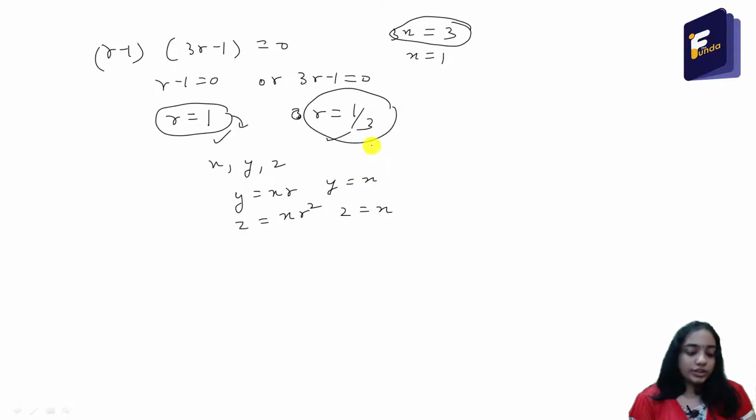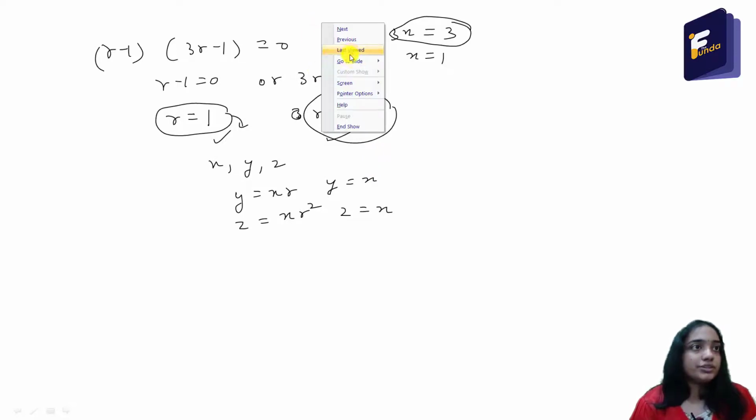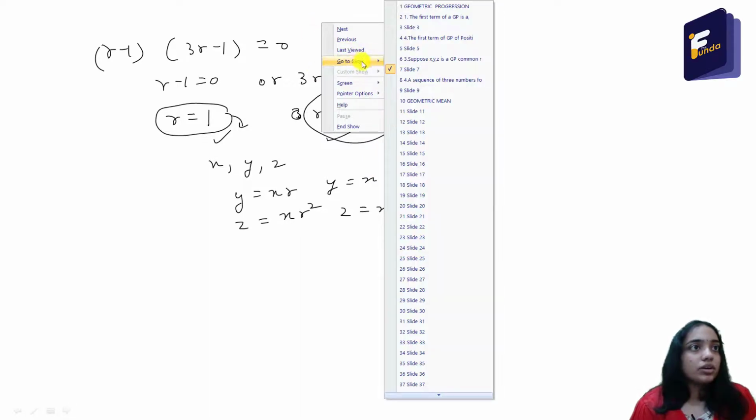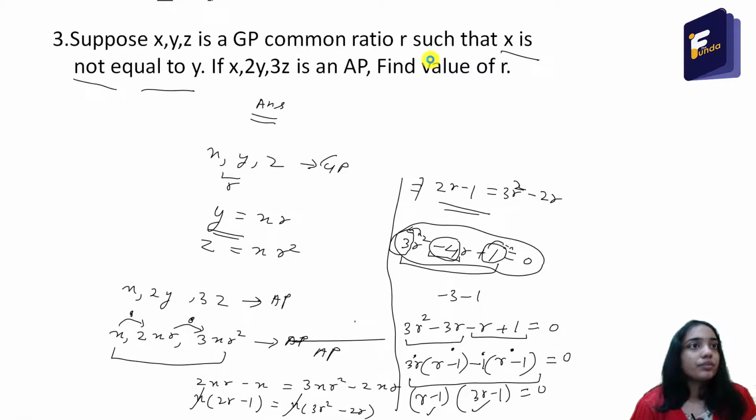But in the question, let me show you the question. I had told you that we are not going to see this at first, but now we are going to see this whole thing that is written here, that x is not equal to y. So in the question it is already mentioned that x is not equal to y.